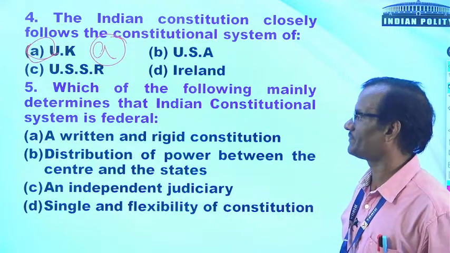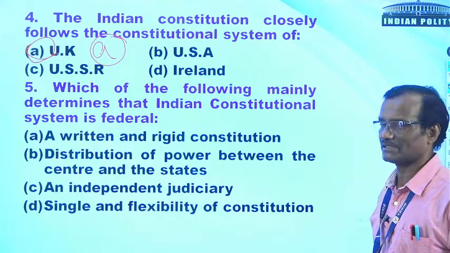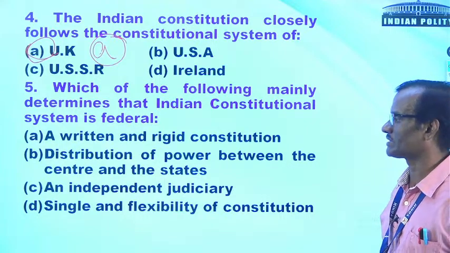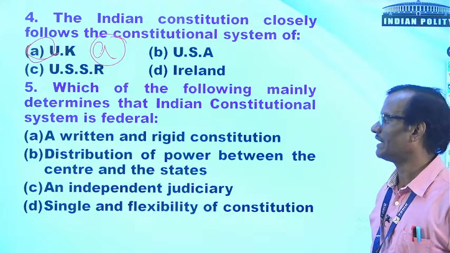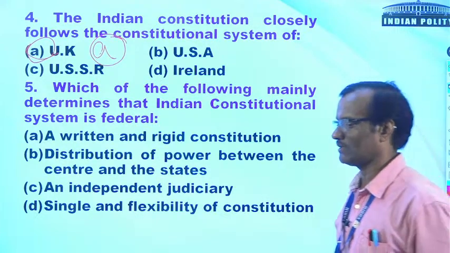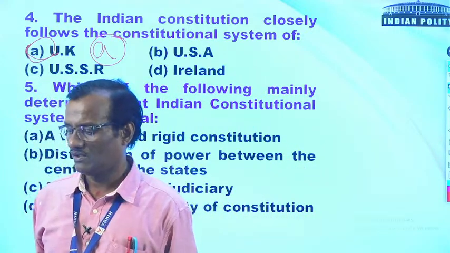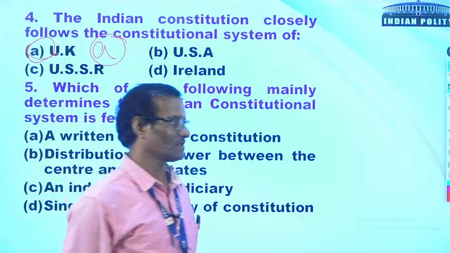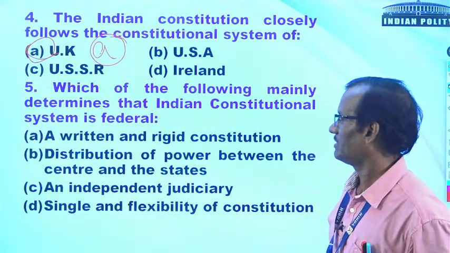Question number 5. Which of the following mainly determines that Indian constitution system is federal? A written and rigid constitution, okay. A written and rigid constitution can also be found in a unitary country, so it is not a foremost feature, but remember that is a feature also.